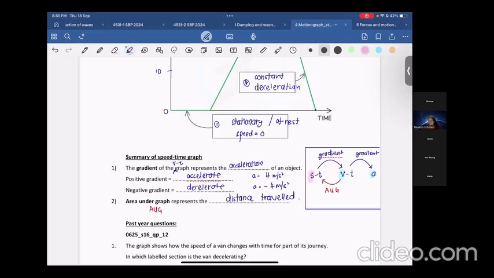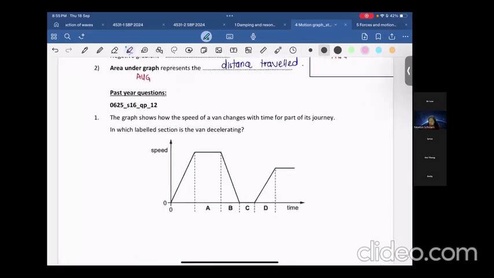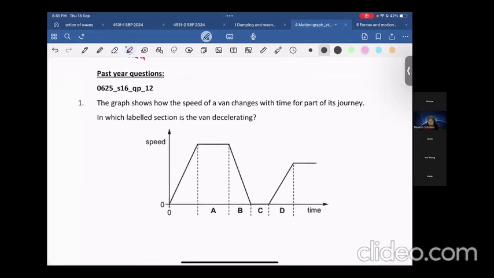Okay, thank you, Megan. Boys and girls, look at question number 1. The graph shows how the speed of a van changes with time for parts of its journey. In which section is the van decelerating? Try to answer. Which section is the object decelerating?